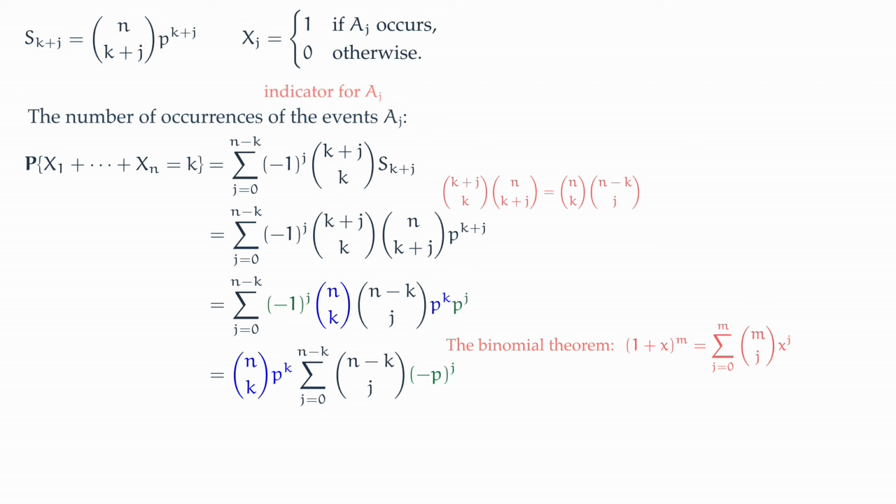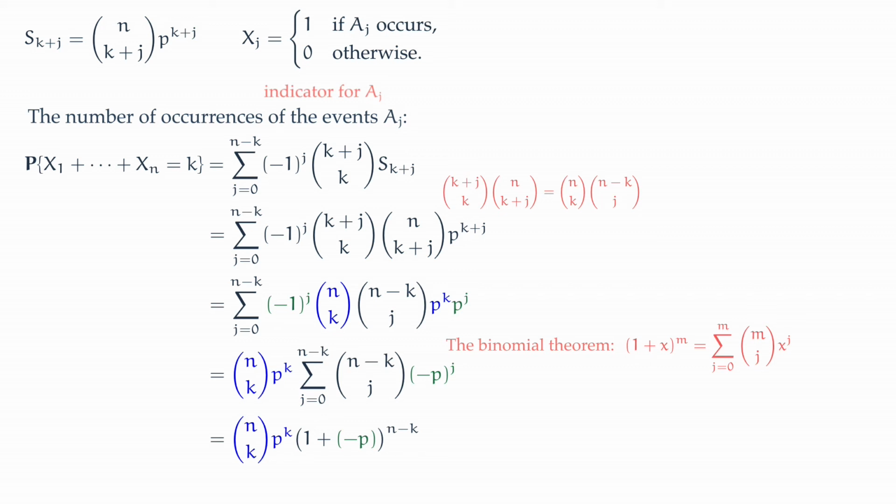If we identify m, in this case, with n minus k, and we identify x now with minus p, everything is ripe for an automatic application of this binomial theorem. Now, let's properly do this. We get n choose k times p to the power k times 1 plus x replaced by minus p is 1 plus minus p, the whole to the power n minus k.